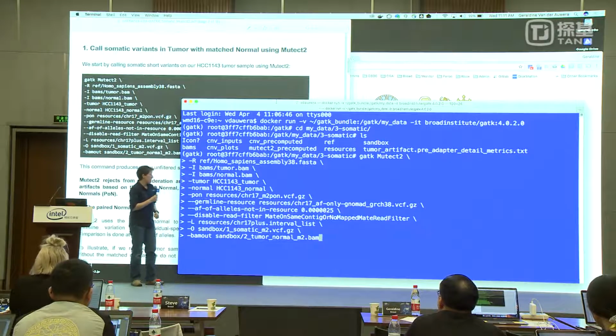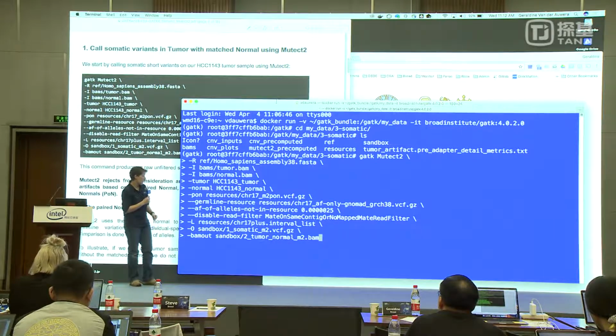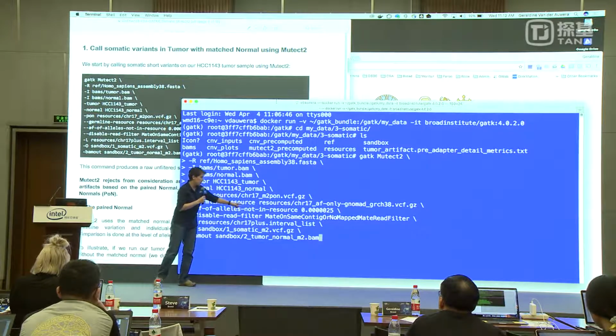Okay? You provide the PON, the panel of normals. So we provide the panel of normals just as a VCF file. And if it's available, we provide the germline resource. And this is important.